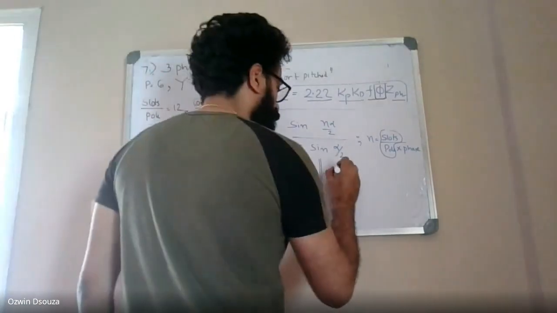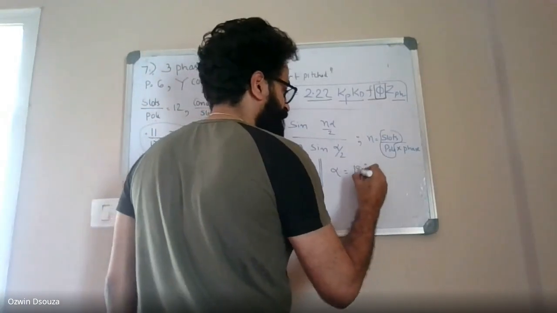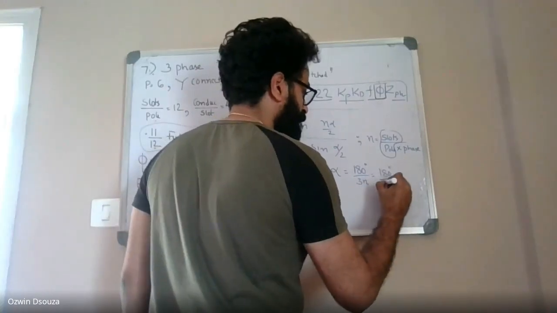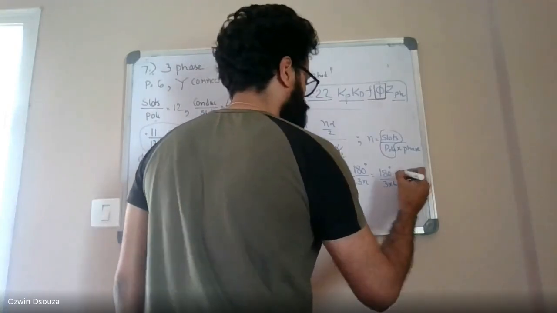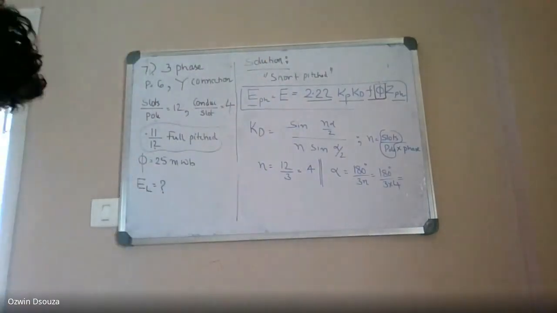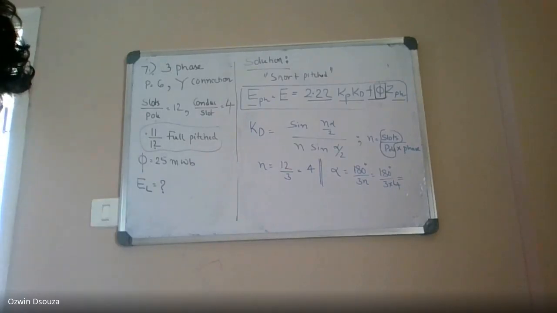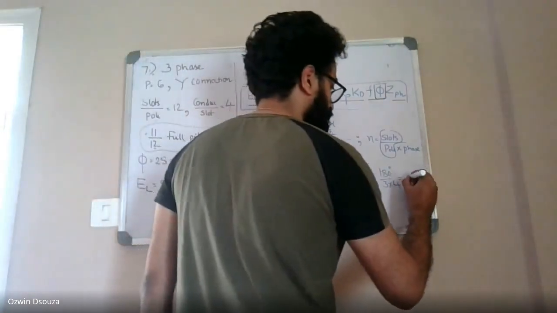Once you know n, you can find out alpha. Alpha is 180 divided by 3n. So 180 divided by 3 into 4 gives you the alpha value, 15 degrees.